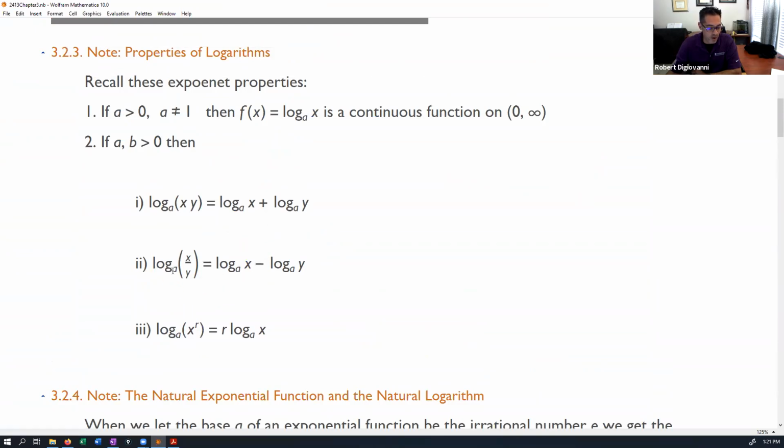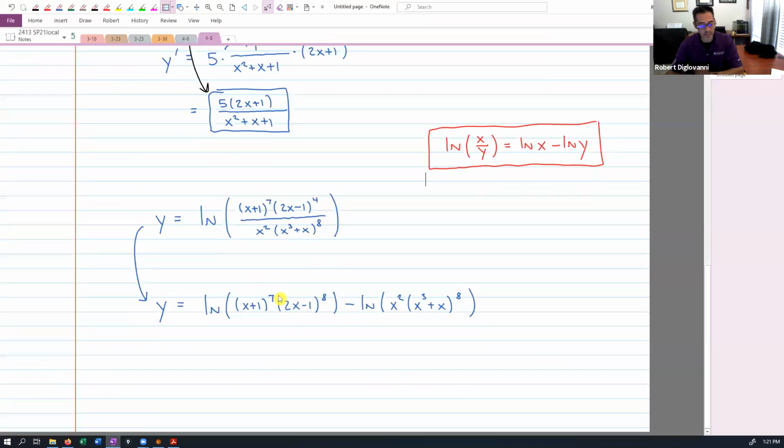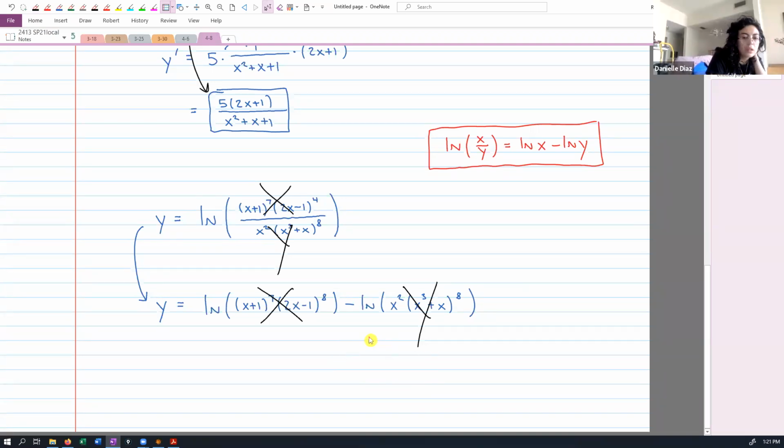If you have log of division, it becomes two logs with subtraction. I looked at the numerator as an x and the denominator as a y, and rewrote this as natural log of x minus natural log of y. Back in college algebra, this was called expanding a log expression.